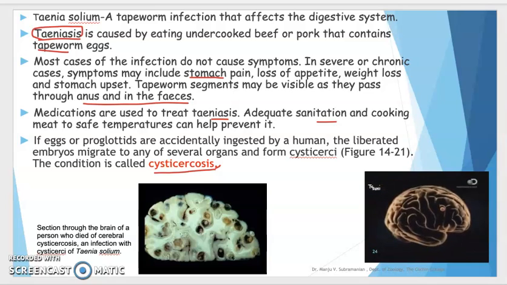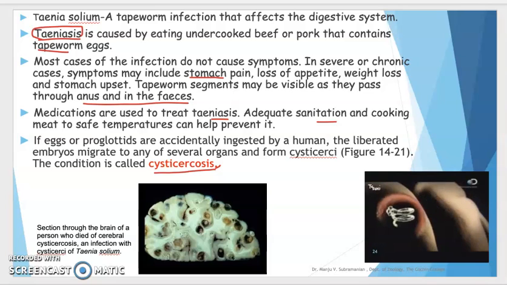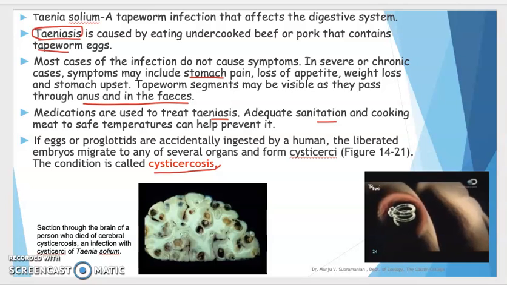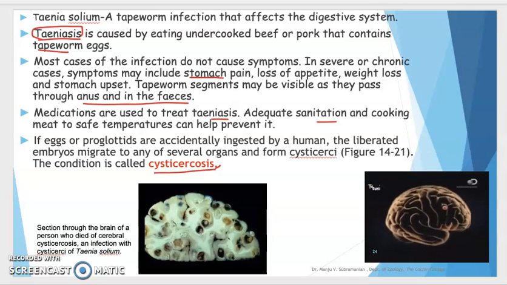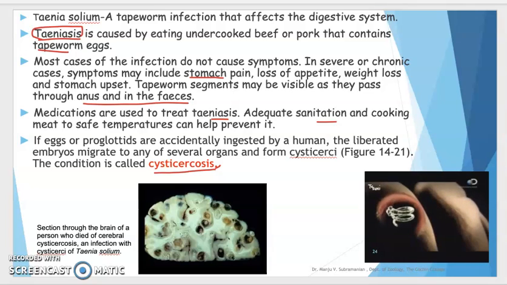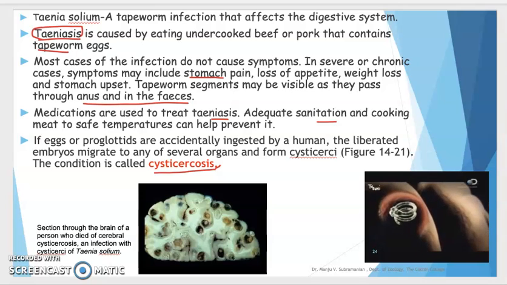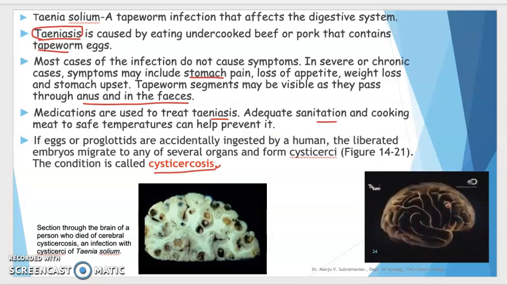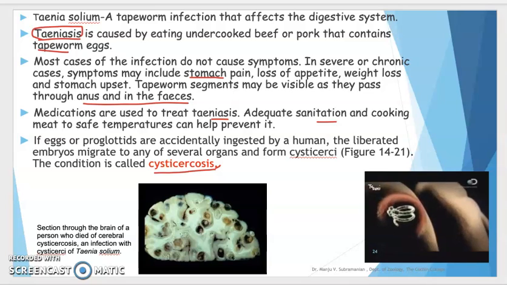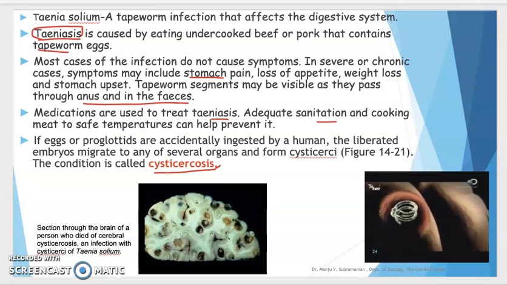Then they exhibit hermaphroditism, that is, male and female sex organs are present in each proglottid. Then enormous reproductive powers and production of a large number of gametes also act as a parasitic adaptation. And only the gamete phase has a high risk for the transmission of the parasitic form into another host.